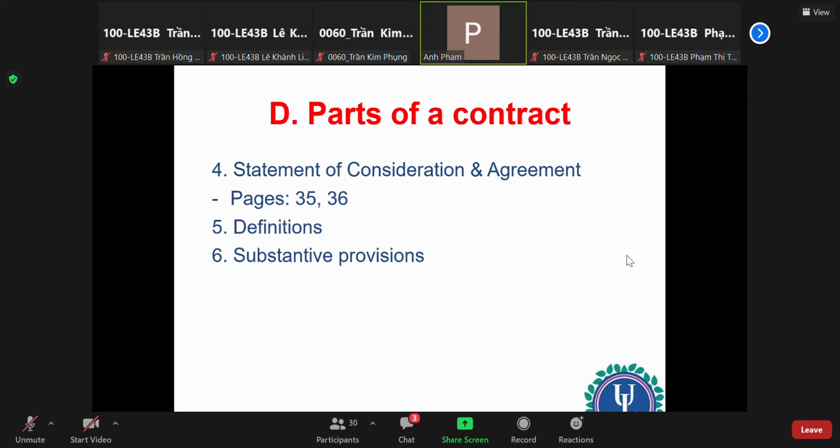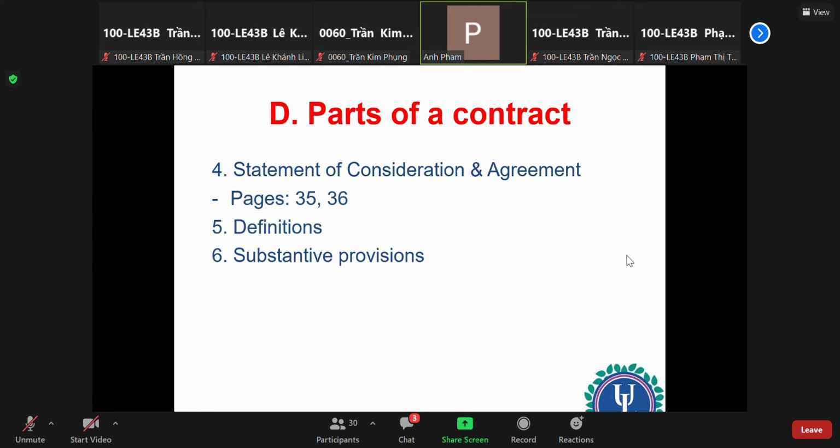Or if people want to make it clear, even for a general term, or they want to narrow down the meaning of a general term, then they can use the definition section. So when you read the contract, please read the definition section very, very carefully.